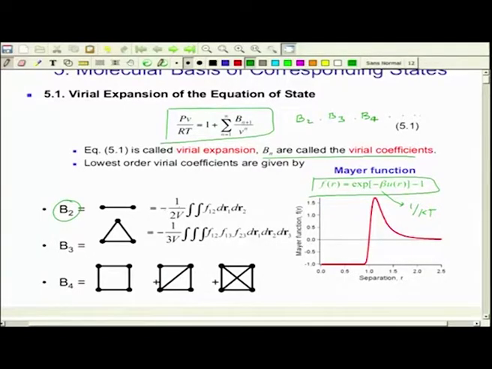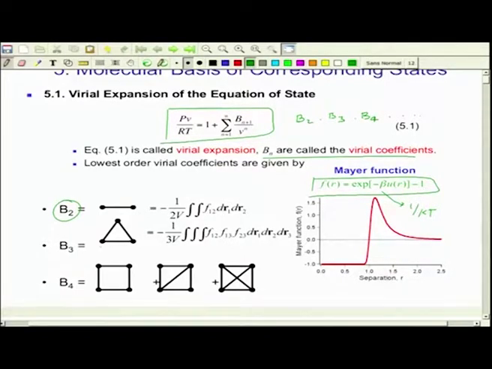B2 is given as a double integral of f over dr1 dr2, where r is a vector. Basically, you are integrating this Mayer function as a function of distance r between these two from very small values to infinity around the space, and that is why also normalizing by the volume V.